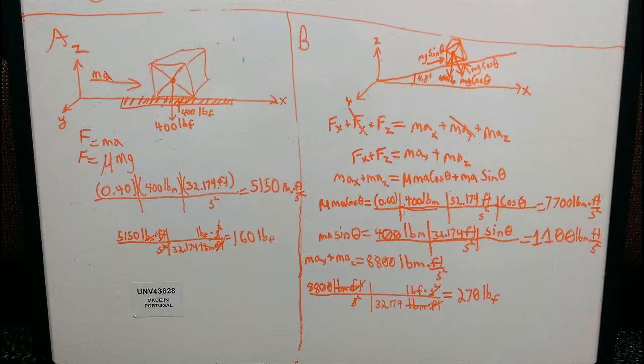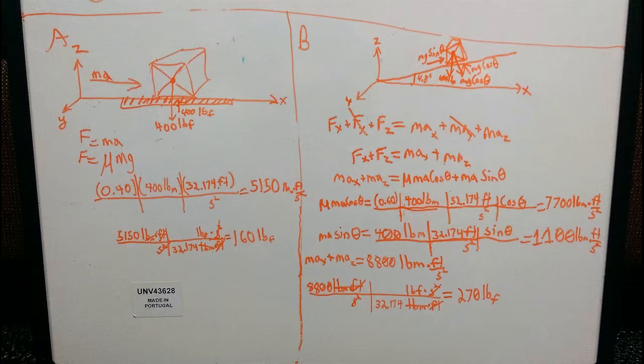So if you calculate that, the force due to gravity is 7,700 pound mass times feet per second squared, and our pushing force required is going to be about 1,100 pound mass times feet per second squared. We add those together, which gives us a total of 8,800 pound mass.